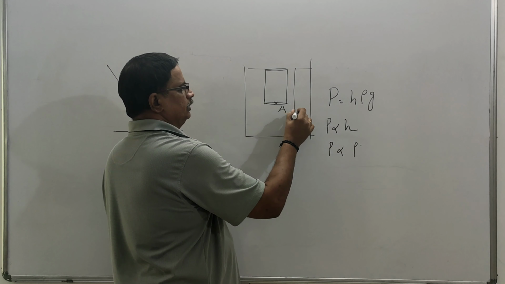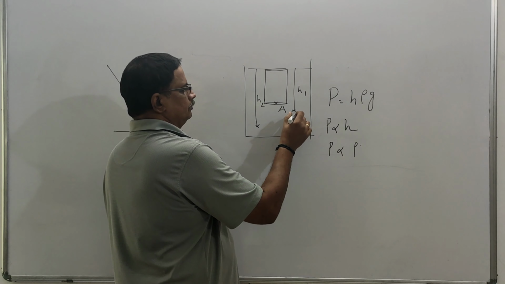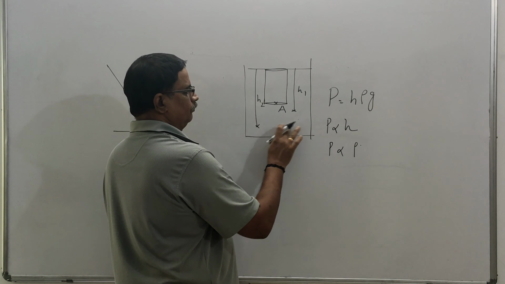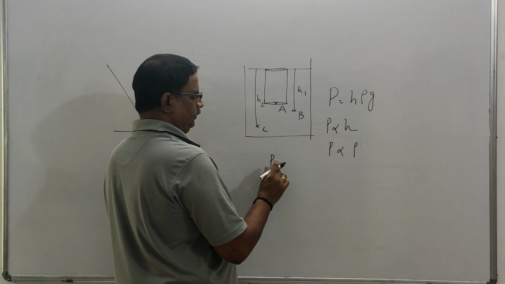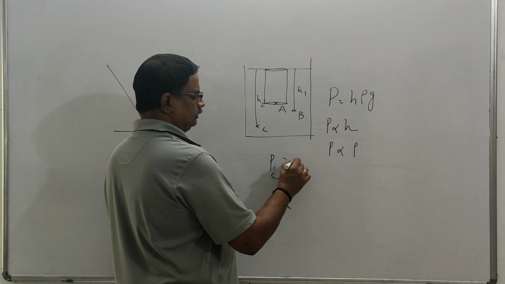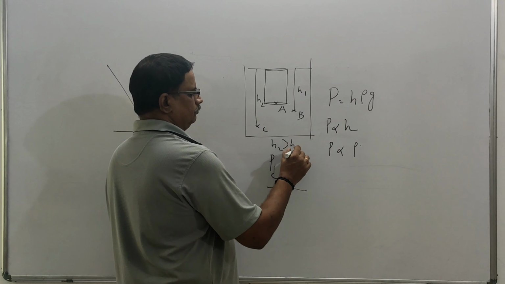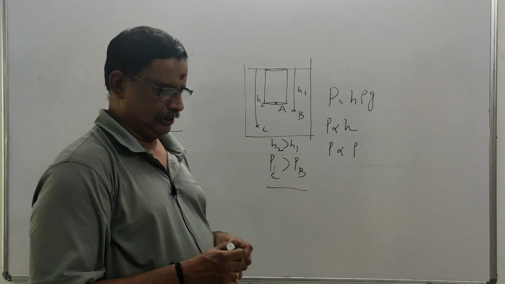If two points are there, one at a depth h1 and the other at a depth h2, call them B and C, not P and Q, because we are already using P for pressure. Then the pressure at C will be greater than the pressure at B, because h2 is greater than h1. So the hydrostatic pressure increases with depth.